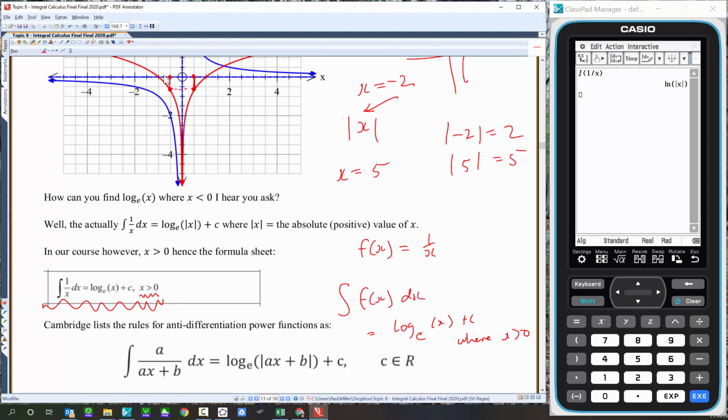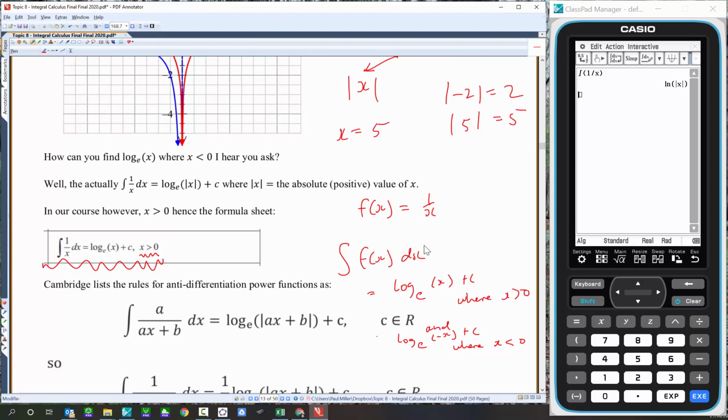But we've also got to acknowledge that it's this -1 as well. So the other one is log_e(-x) + c, where x is less than 0. So it actually has 2 parts to it.